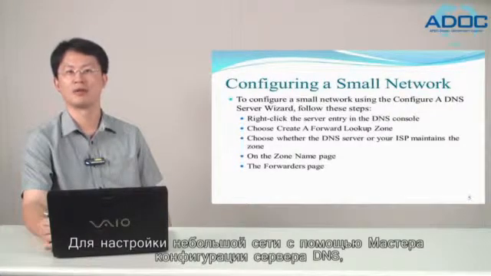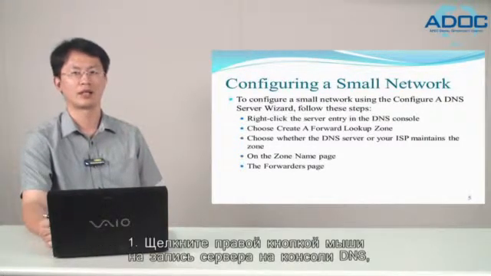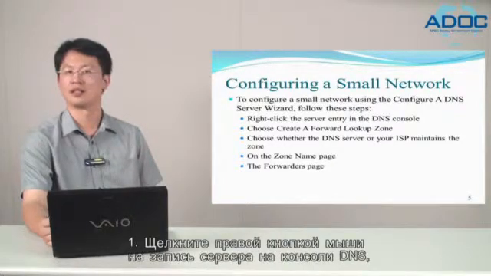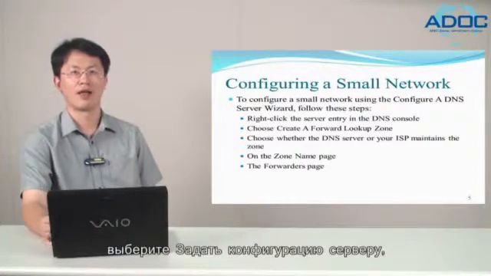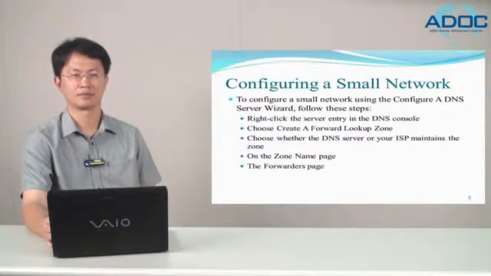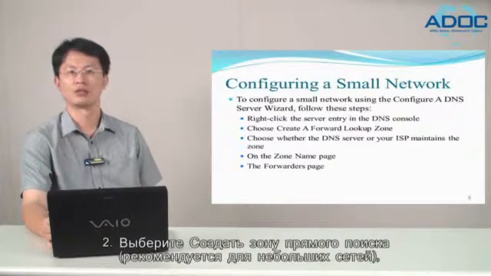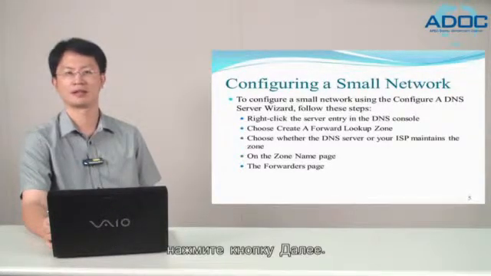To configure a small network using the Configure a DNS Server Wizard, follow these steps. First, right-click the server entry in the DNS console, select Configure a DNS Server, and then, when the wizard starts, click Next. Second, choose Create a Forward Lookup Zone, recommended for small networks, and then click Next.